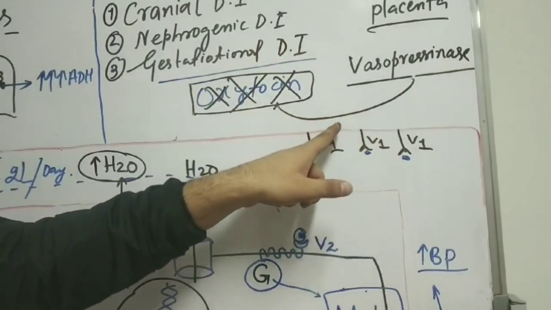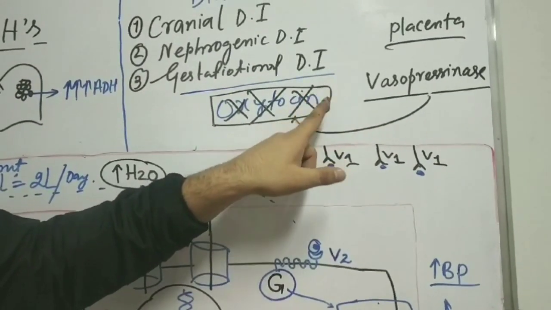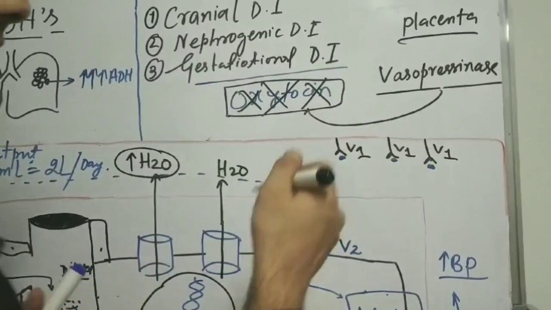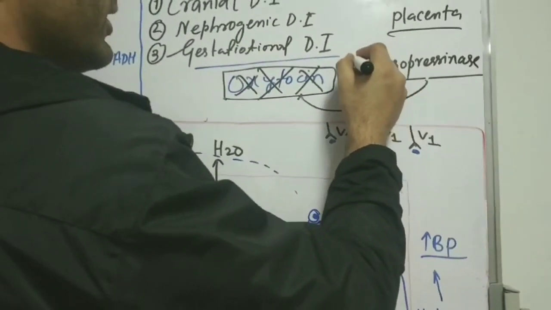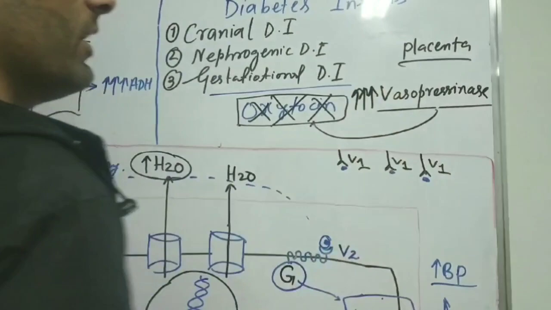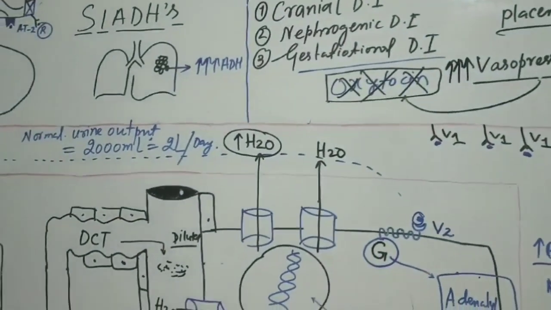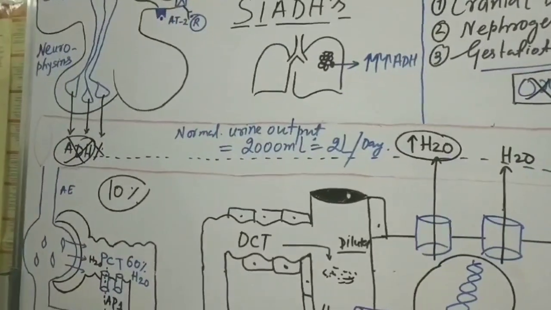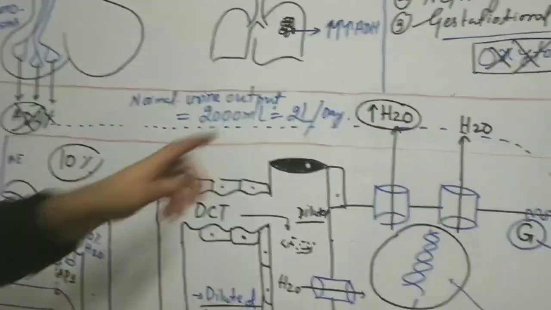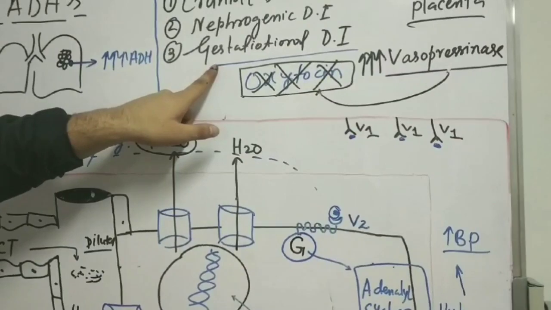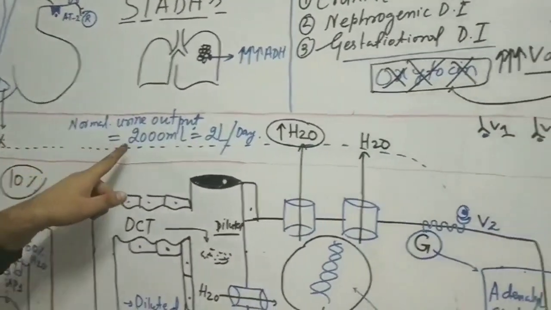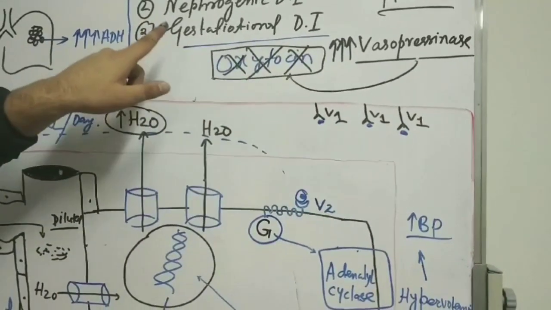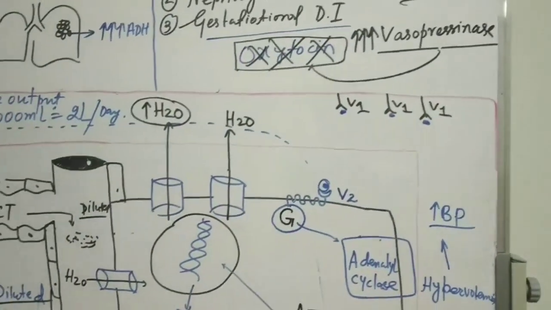If the placenta secretes a lot of vasopressinase, it will degrade ADH also, because the ADH will not be available for its action. It can cause gestational diabetes insipidus.